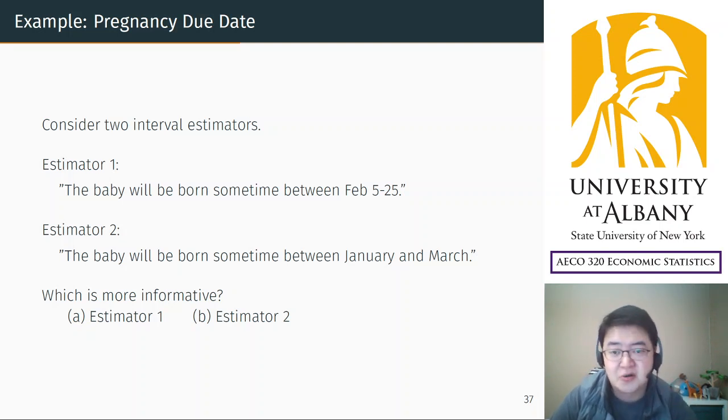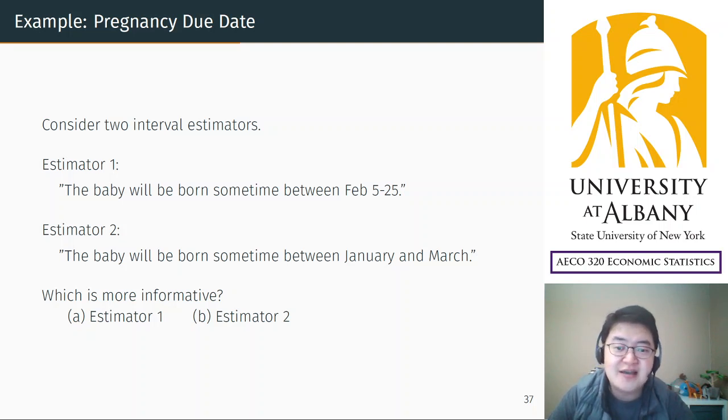The first doctor told me that the baby will be born sometime between February 5 and February 25. And the second doctor told me that the baby will be born sometime between January 1st and March 31st.